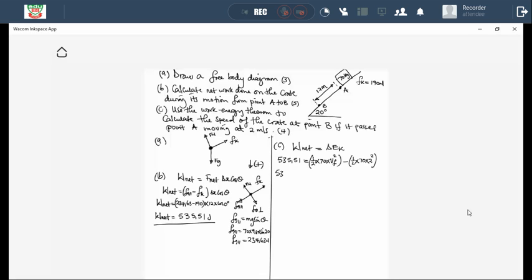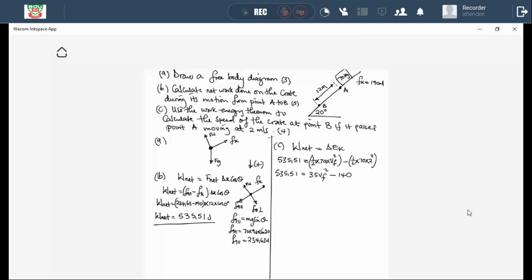So 535,51 is equal to 35 vf squared minus 35 times 4. That should be 140.